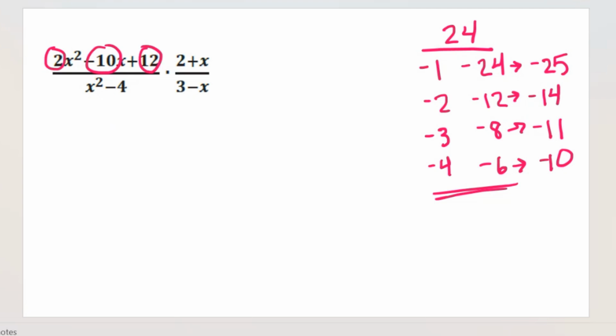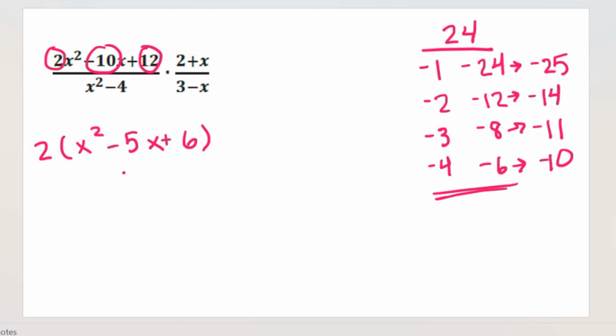I can factor that out at the very beginning and get 2 times x squared minus 5x plus 6. The value of this is that I don't have to do the extra work of factoring by grouping and breaking up that middle term, because now I have a equals 1.